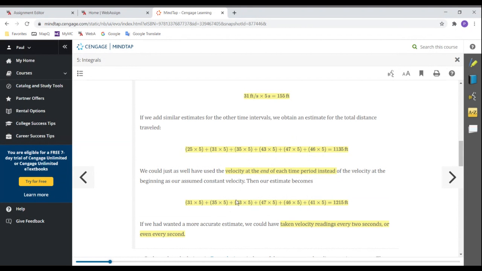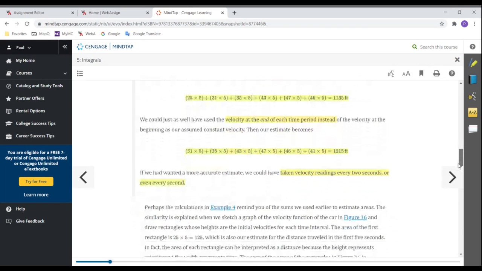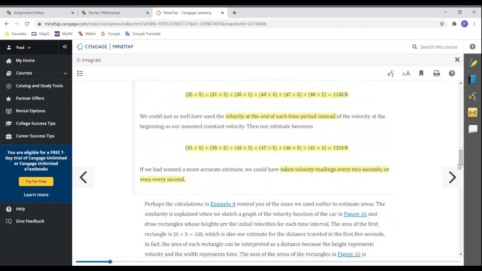So this analysis of finding the distance you traveled based on velocity readings is analogous to the area problem that we just looked at. That's what I wanted to mention here.